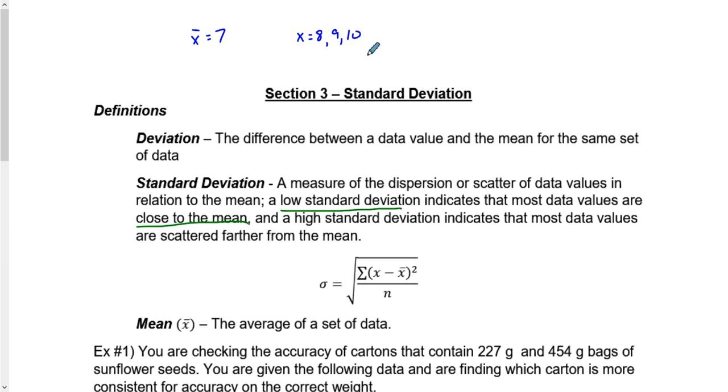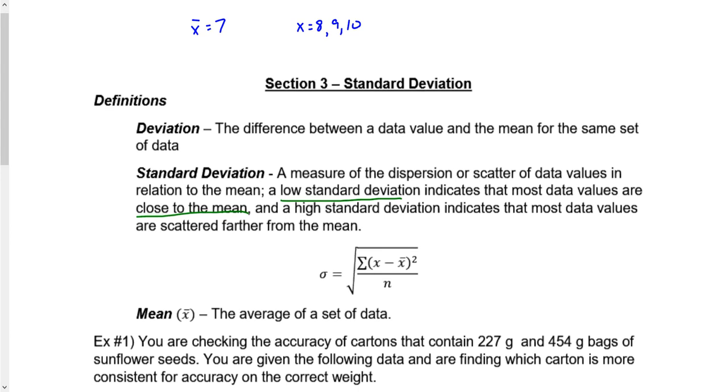Now, that doesn't really make a lot of sense right now, but we'll talk about that in a second. So if a low standard deviation means that you're very close to the mean, a high standard deviation means that most of your data values are scattered much farther from the mean.